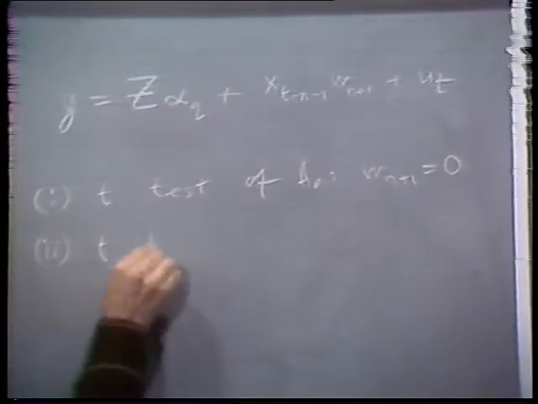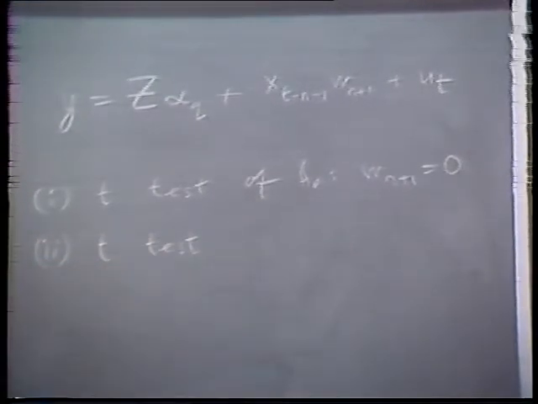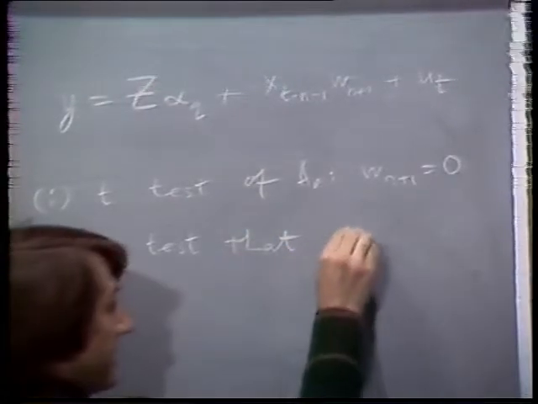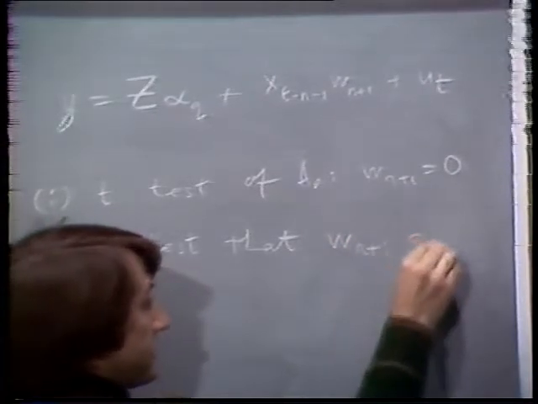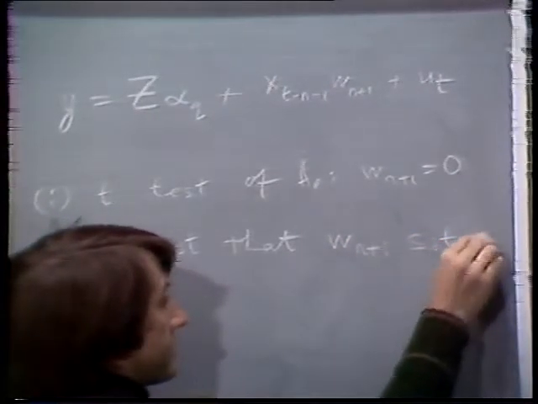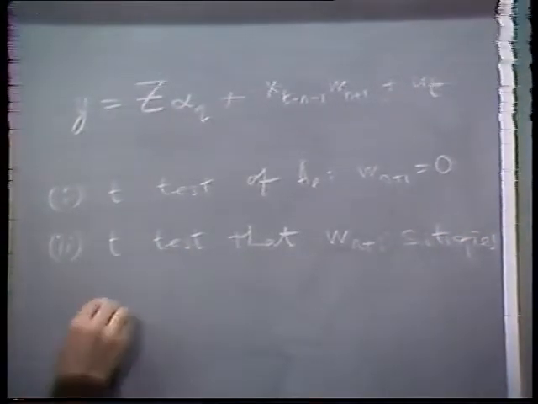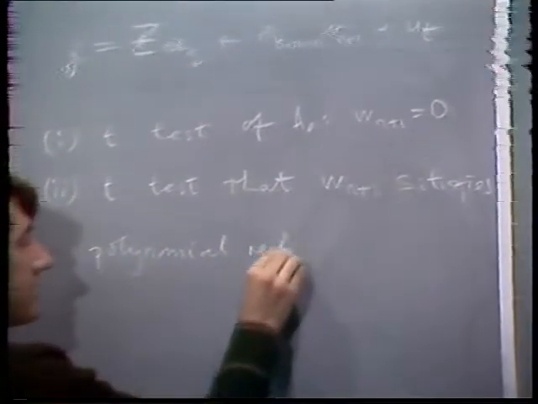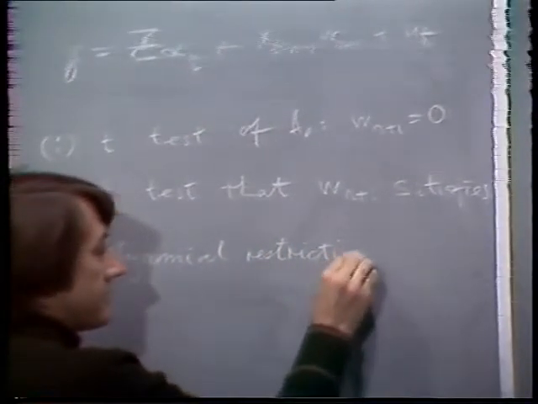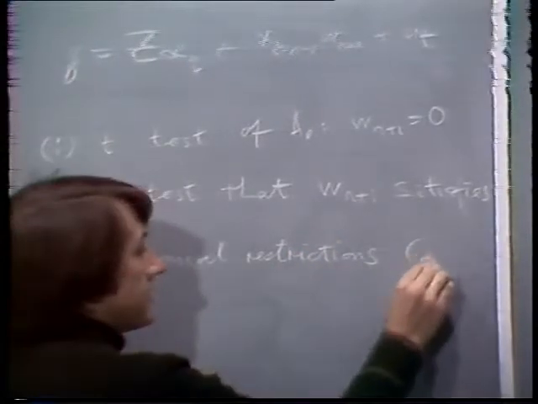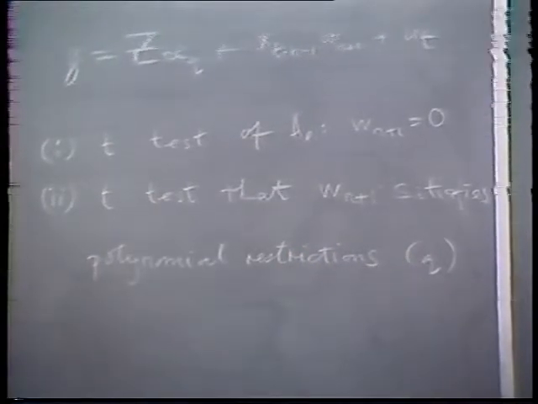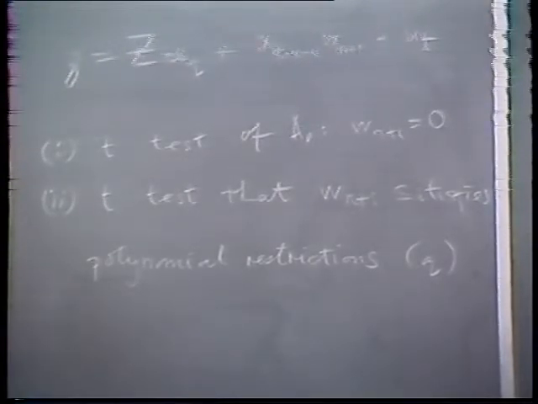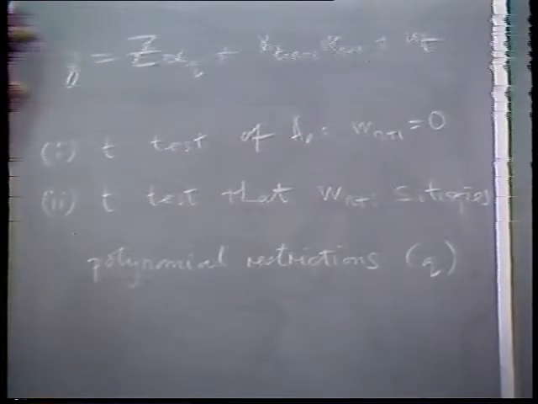And the second t-test, of the hypothesis that w n plus 1 satisfies the polynomial restrictions when the polynomial is of order q. And both of those hypotheses are nested within this model.